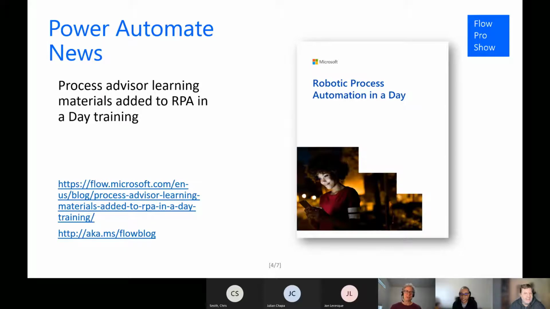Okay, and now this is the part where Daniel takes over because you know more about RPA. Yeah, so one of the things that's been improved is RPA in a day. The first version of RPA in a day, I believe, was also with Win Automation and UI flows back in the day, but they improved that, they changed it around. It's currently based on Power Automate Desktop. And they recently also added the Process Advisor module in there.